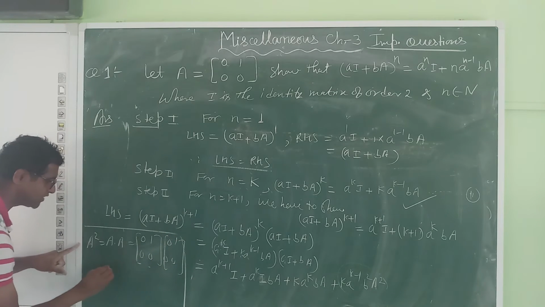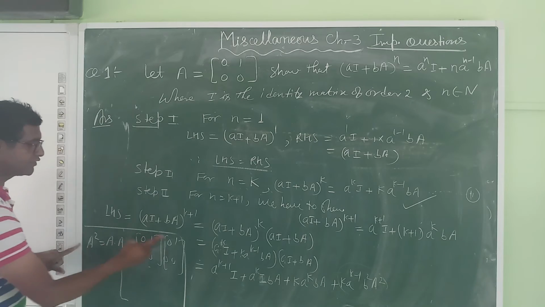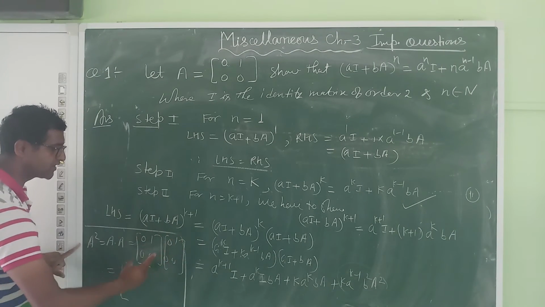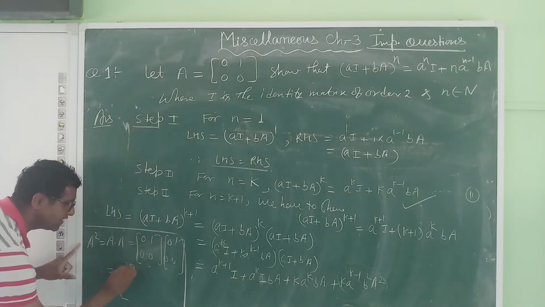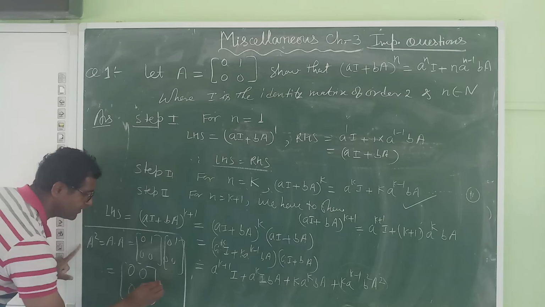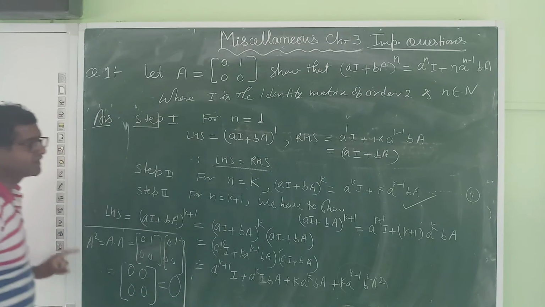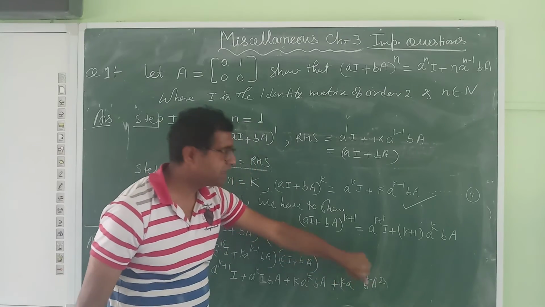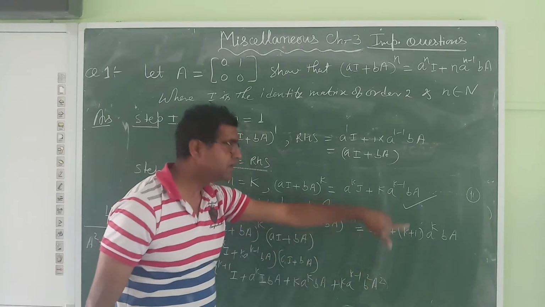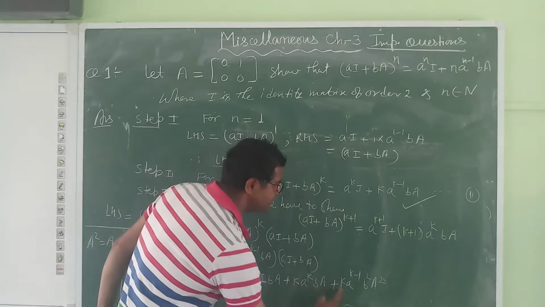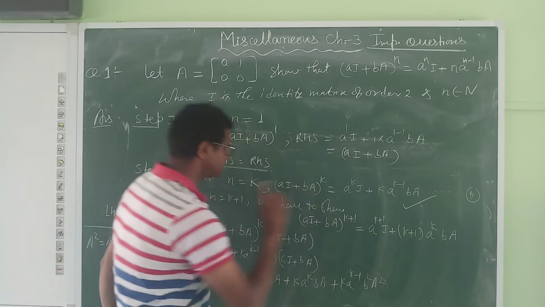After multiplying, you can see first row by first column, second row by first column, first row by second column, second row by second column. You will get a zero matrix of order 2 by 2. Since A squared is zero matrix, zero matrix multiplied by any value, the result will be itself zero. So this term will be a zero matrix.